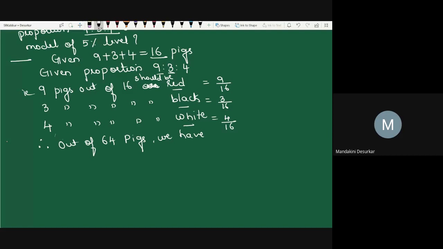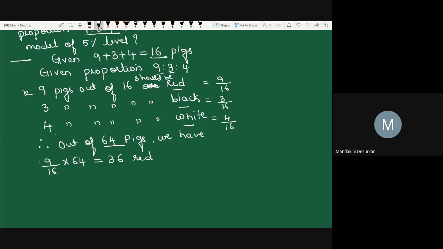Since there are a total of 64 pigs, it is 9 by 16 into 64. How much is this? 36. So in total, there are 36 red pigs.